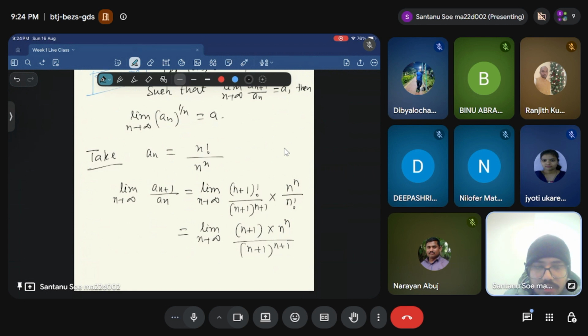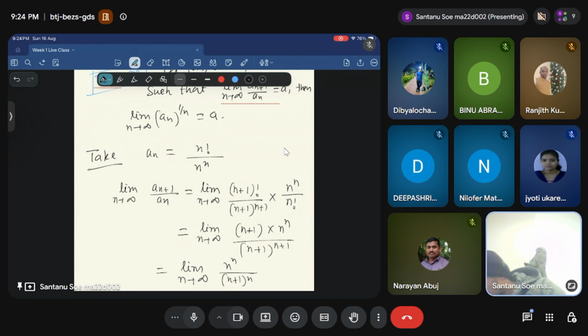Okay, so now you see that n plus 1 will also be cancelled, because on the bottom there is (n plus 1) to the power n plus 1, which is (n plus 1) to the power n into (n plus 1), correct? So this is the same as this one, correct? Because (n plus 1) to the power n gets cancelled out.